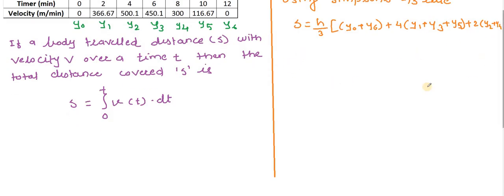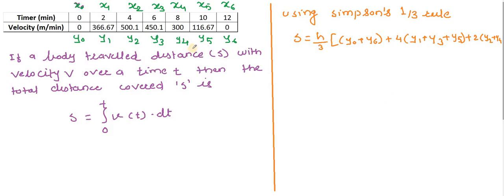So this is S equals h by 3. This is Simpson's one-third rule.